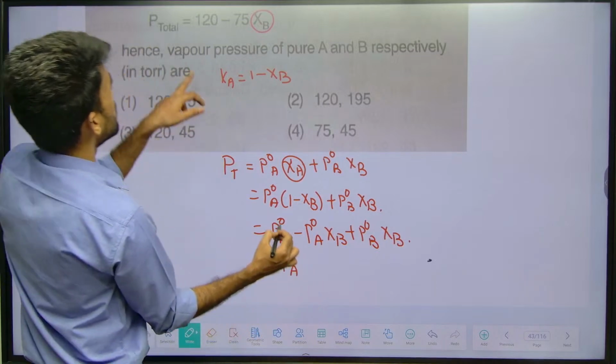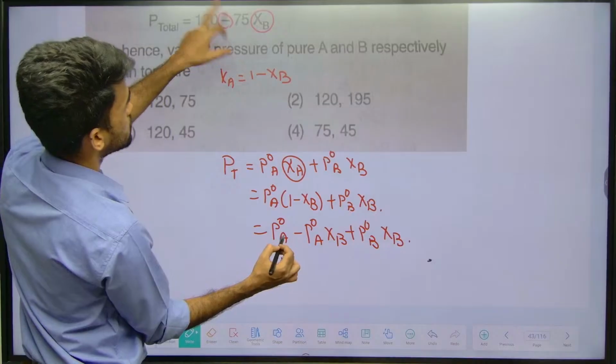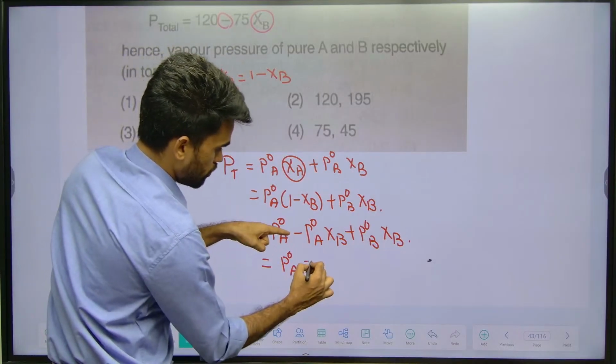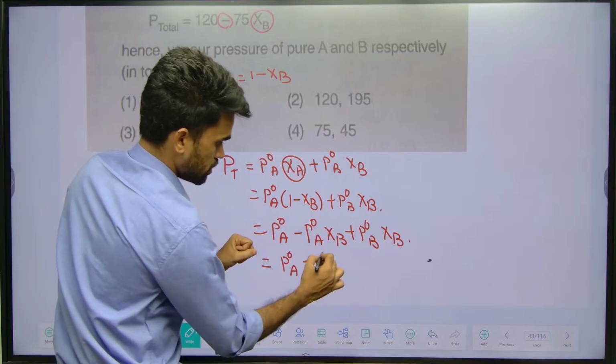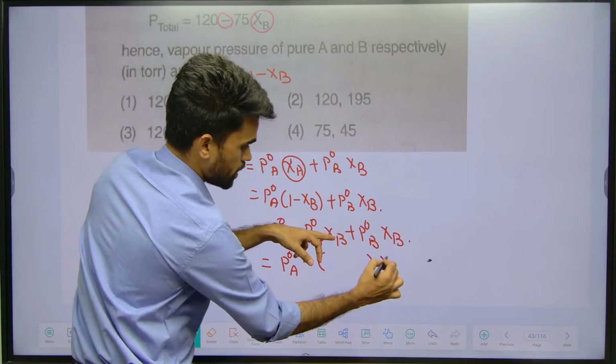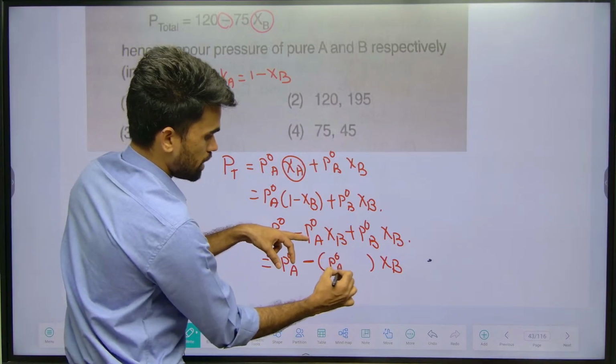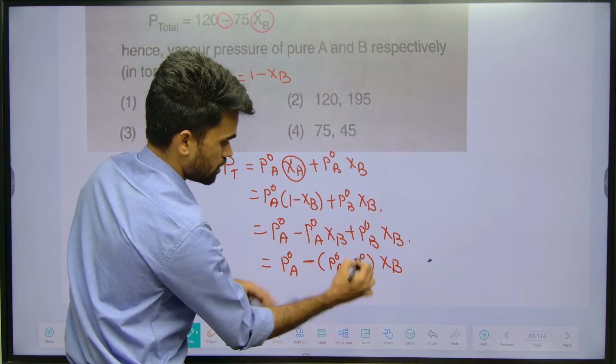Now, in the equation you see minus chi B, which I can take as common. So: P naught A minus chi B times (P naught A minus P naught B).